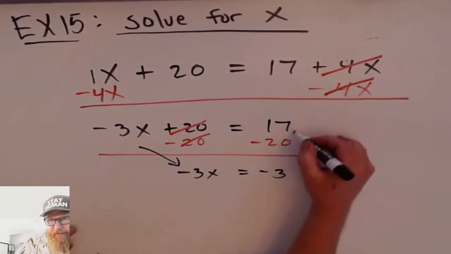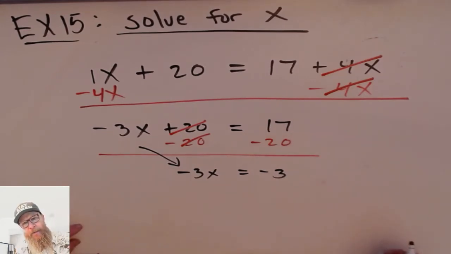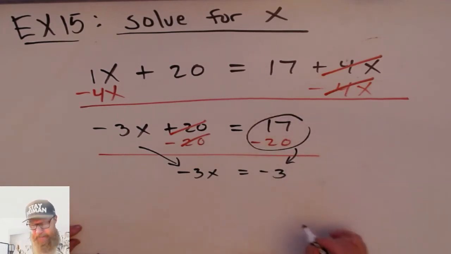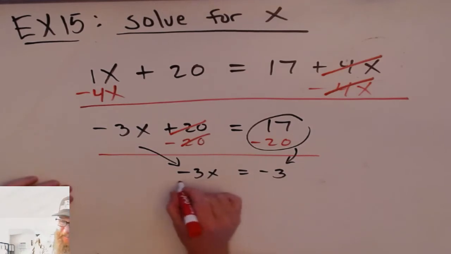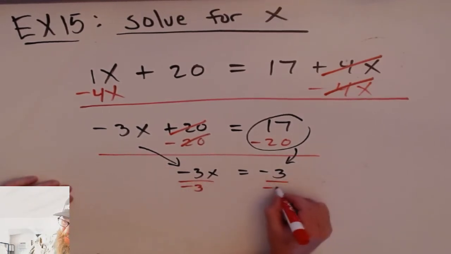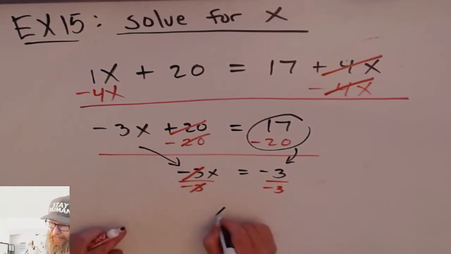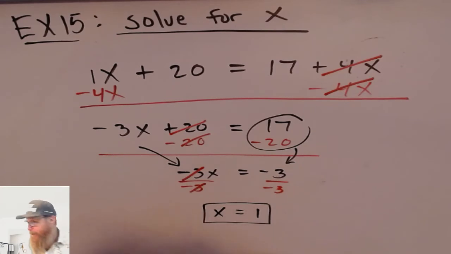So I got 17 minus 20 is negative 3. Okay. And finally, I'm going to try to get rid of the negative 3. Divide by negative 3. And I'm going to get x equals negative divided by a negative is a positive 1.